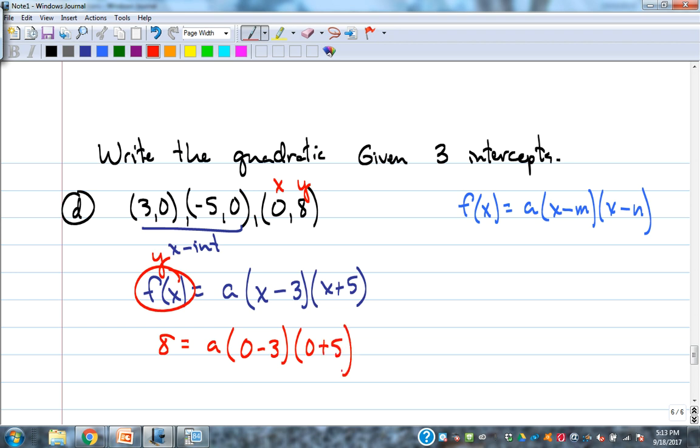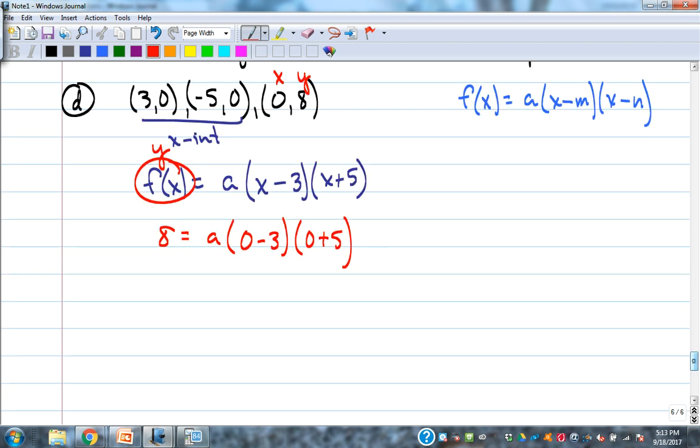And now the only variable that exists in that problem is a. So that'd be negative 15a. How do I get a by itself? Yeah, divide by that negative 15, and a happens to be a fraction in this case. Negative 8 over 15. And that's okay, not a big deal.